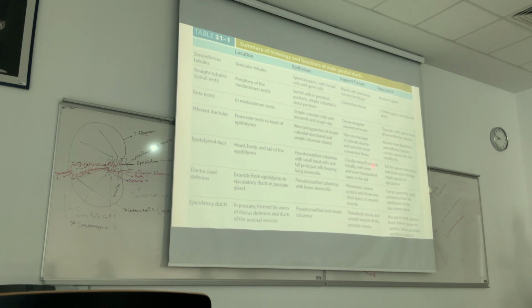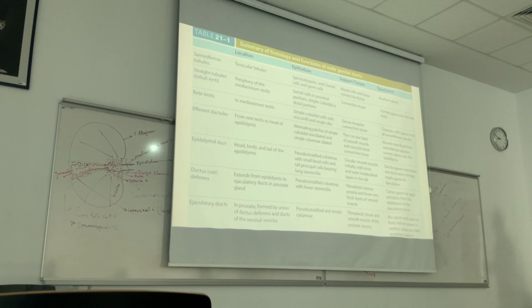In the end part of the epididymis, we have a thick smooth muscle layer, inner circular and outer longitudinally arranged. In the end of the tail part. But in the head, body, and proximal part of the tail, we have only a thin layer of smooth muscle cells.